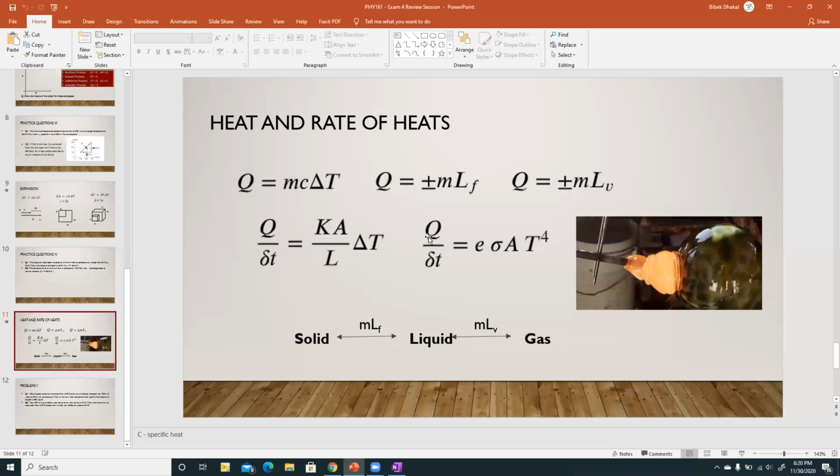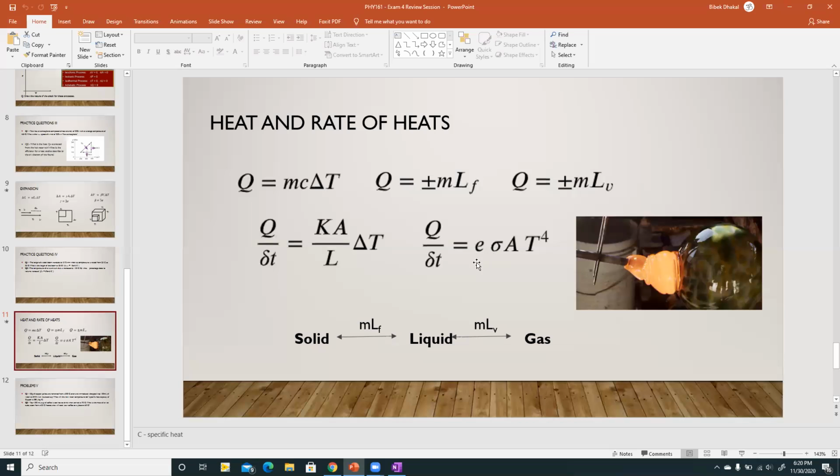Okay, and if you are dealing with radiation, such as the radiation coming from the sun to the earth, then the rate of heat gained by the earth will involve E. E is the emissivity. The emissivity will be given to you, so you don't need to learn about it. Usually it is a constant that defines how emissive the Earth, or any object that we are looking at, is compared to a black body.